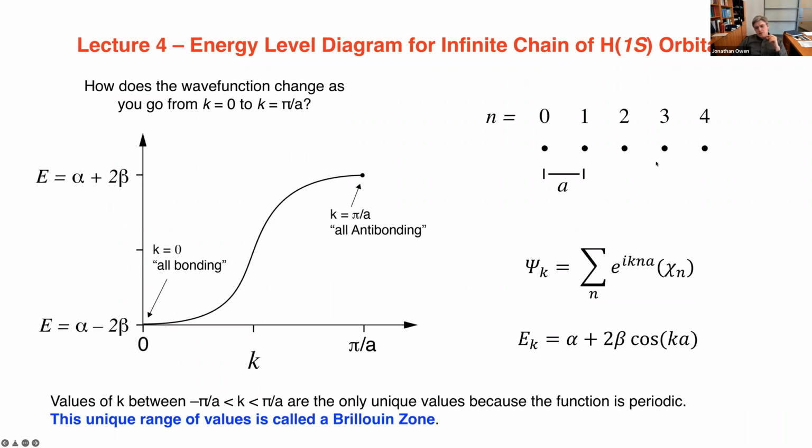Because this thing is periodic, you can continue looking at other values of k, and it's just going to do the same thing, oscillating back and forth between e equals alpha plus 2 beta and minus 2 beta. And so generally, when you're looking at Bloch functions like this, nobody ever talks about what's outside of pi over a or 0, because it's just a repeat of some of the ones in the same region. So this range of values is what's called a Brillouin zone. Typically we only analyze wave functions that have 0 to pi over a in their indices.